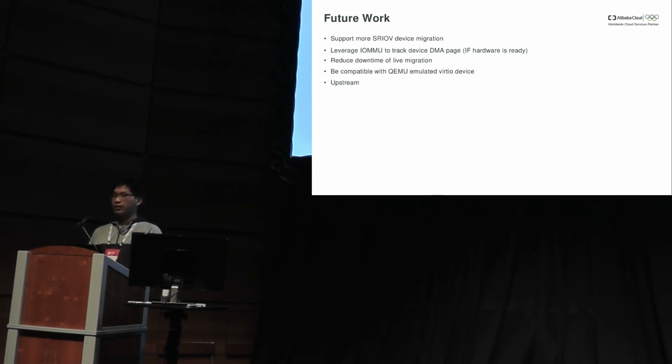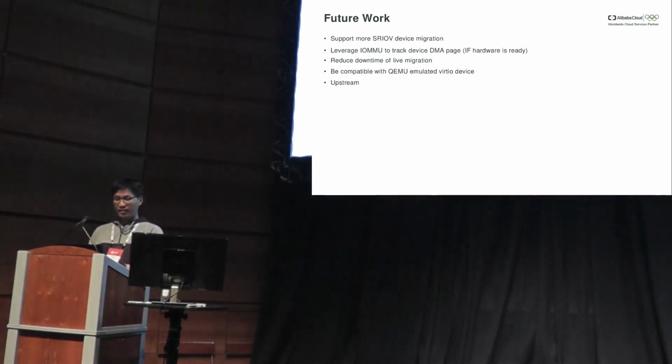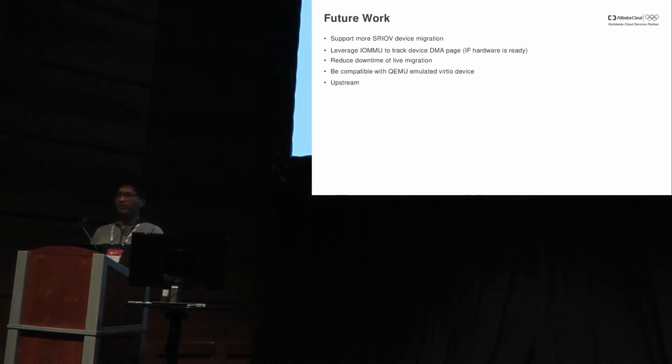For example, if we migrate between a hardware virtual device and a QEMU emulated virtual device, the I/O path and the I/O device are not the same, but that's working. I will show it next year.